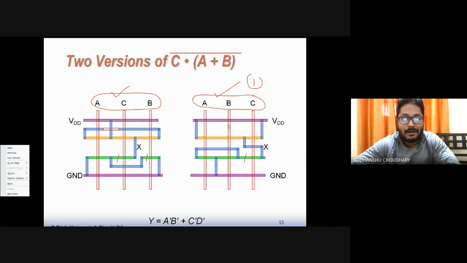These two are all arbitrarily drawn, so both are not optimum, but this looks more optimum than this, as I said, because the diffusion regions are being shared here, and the contact resistance for the diffusion region is small here. So we have to learn a better algorithm, some sort of method. That method is Euler's method. Let us learn that method.